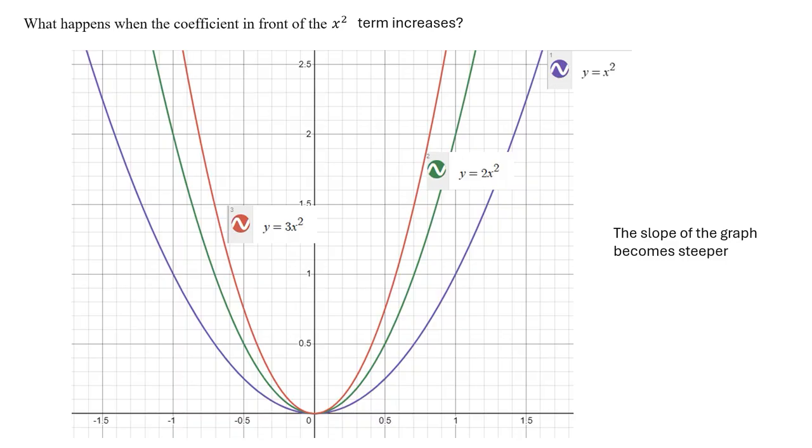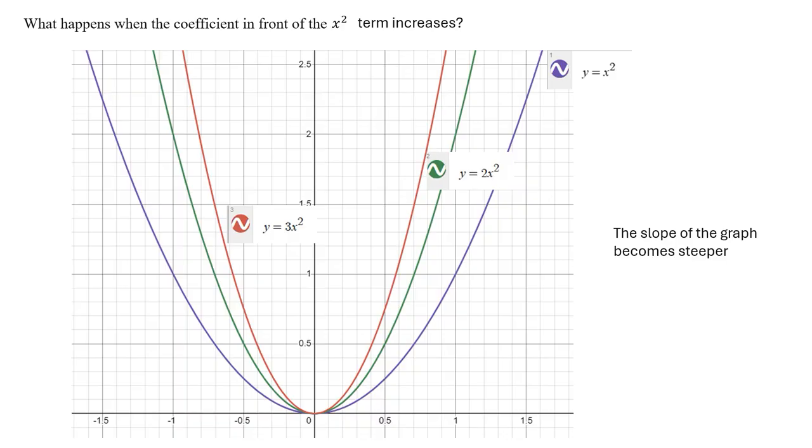The coefficient of the x squared term also has another effect. The bigger the coefficient of the x squared term, the steeper the graph will be.